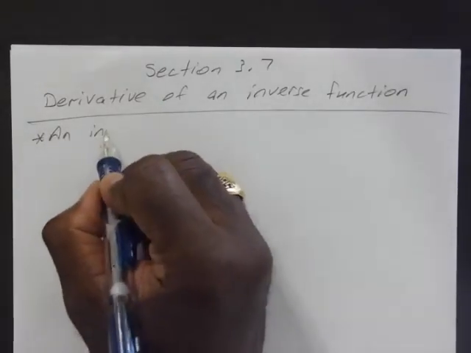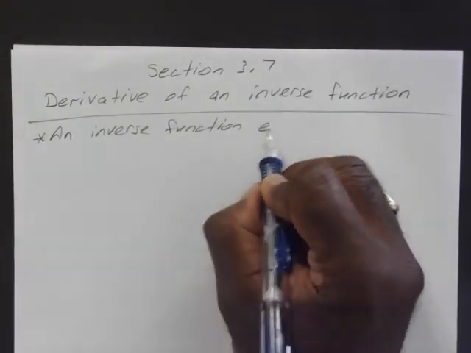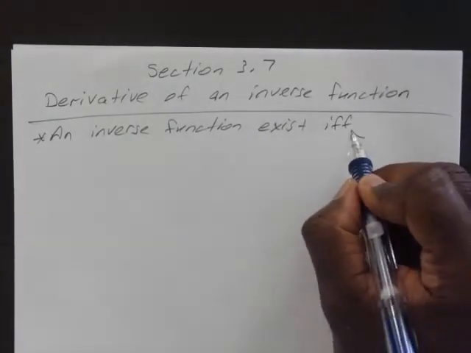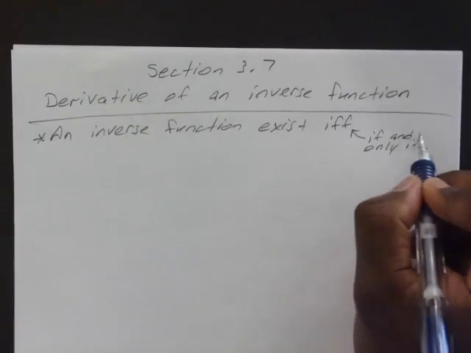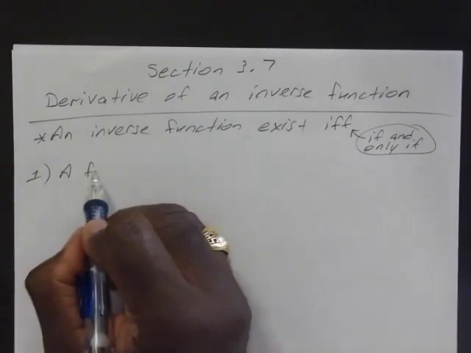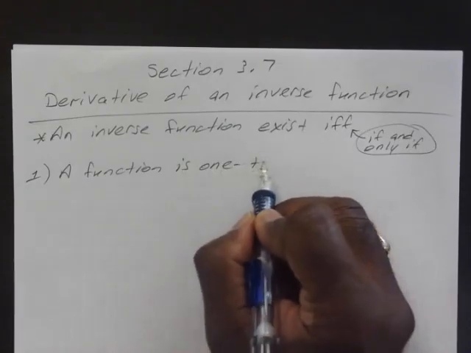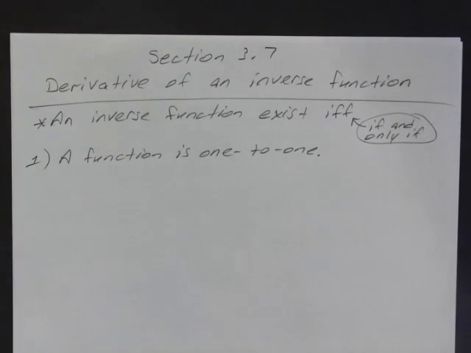So we know that an inverse function exists if and only if, again, you'll see that every once in a while, one, that a function is one-to-one, which means that every x value corresponds to one y value and every y value corresponds to one x value.